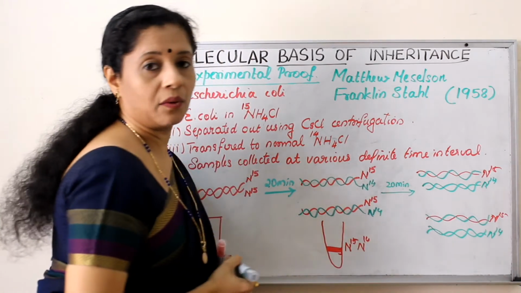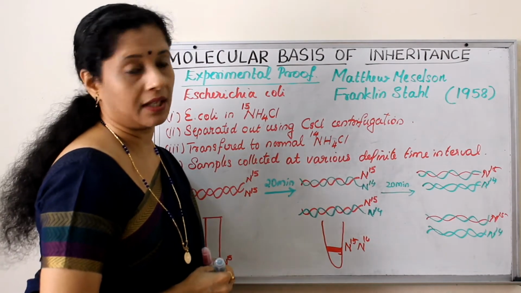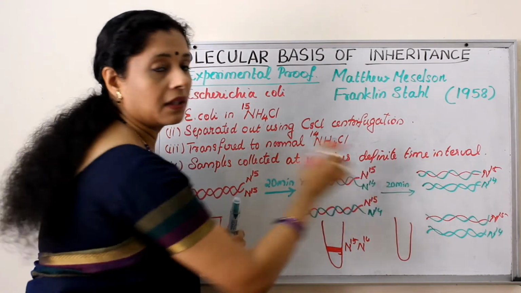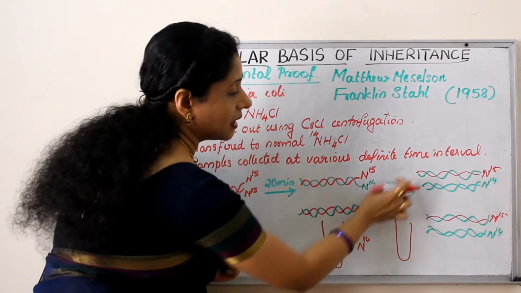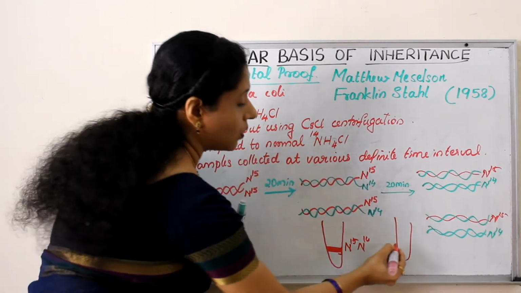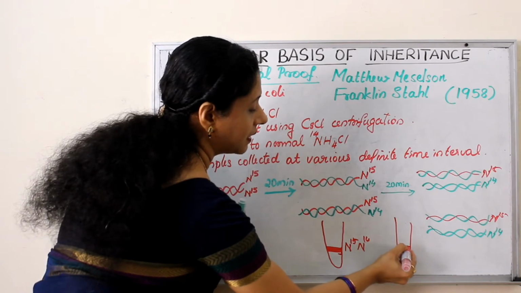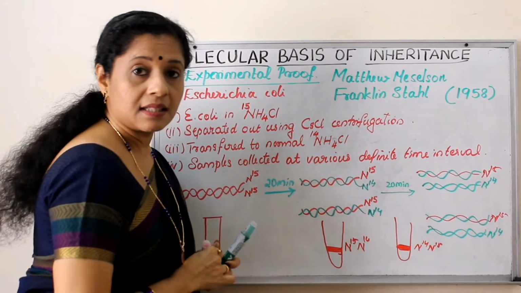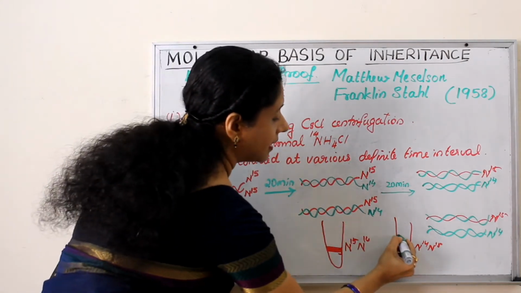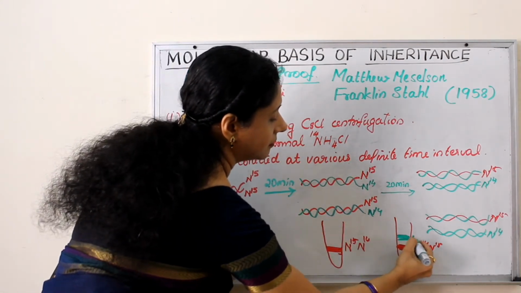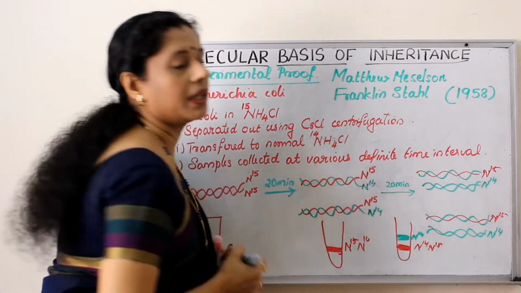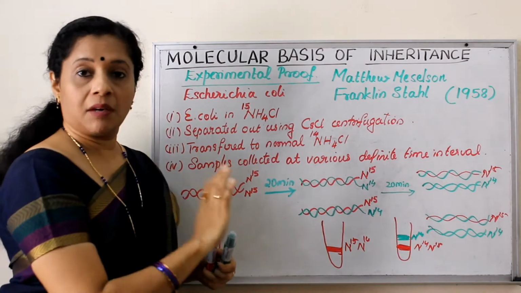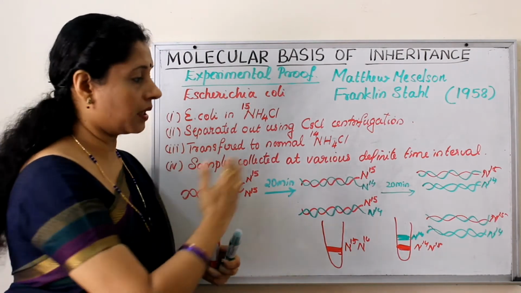All are N14. Now if they do centrifugation, what will they get? The third case, that means totally after 40 minutes, they will get a hybrid band with N14 and N15, plus what is forming? A lighter band, N14 only.